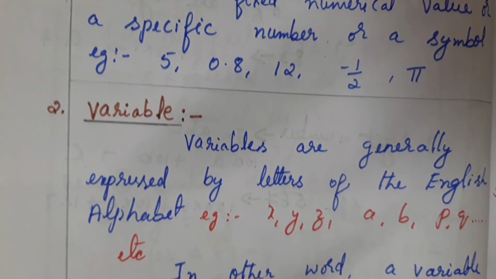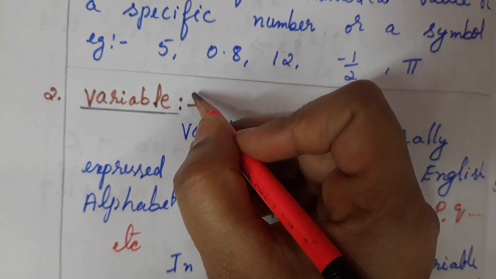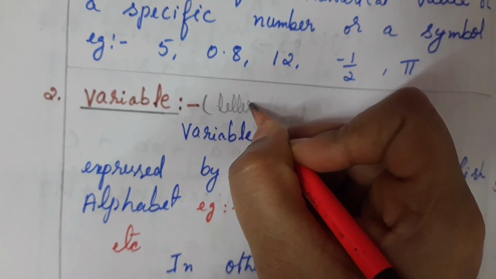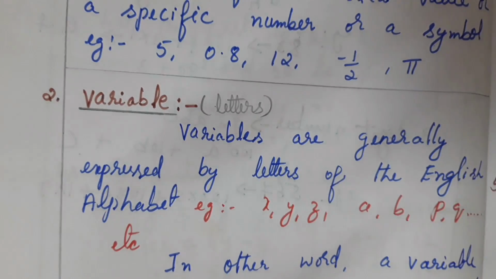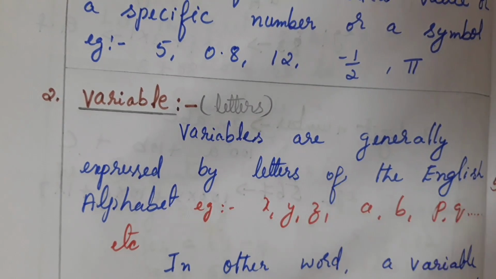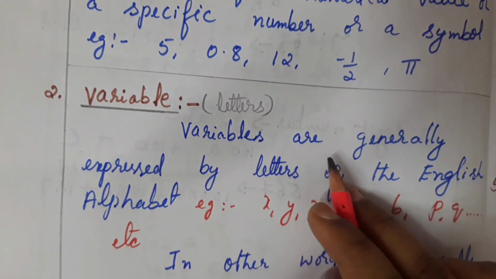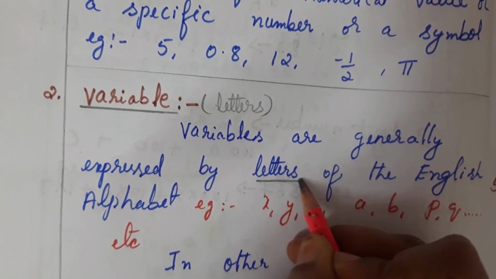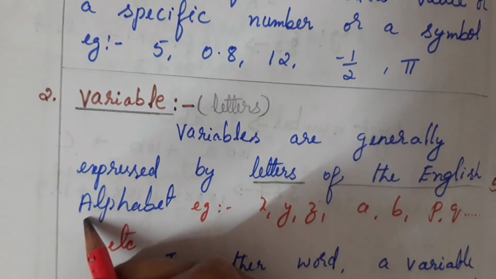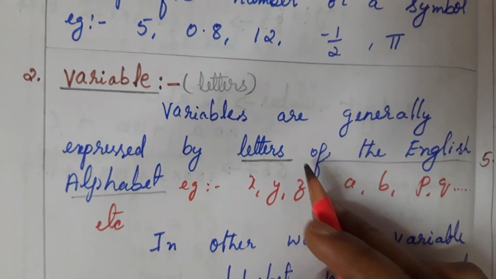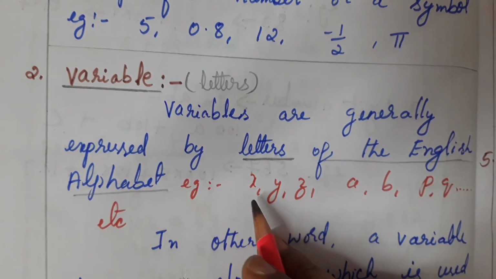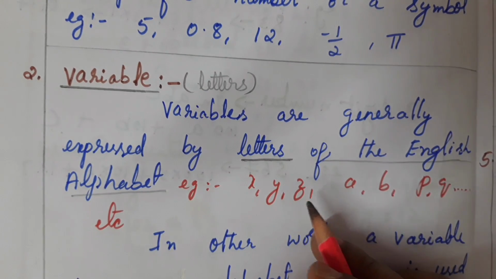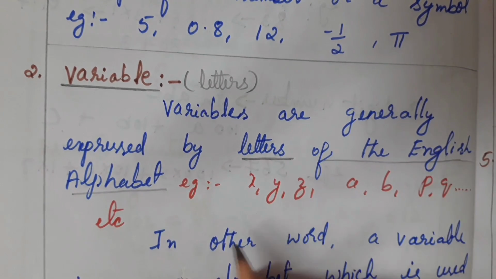The next is variables. Variables means letters of the English alphabet. Variables are generally expressed by letters. Examples: X, Y, Z, A, B. Any letter from A to Z we can use.